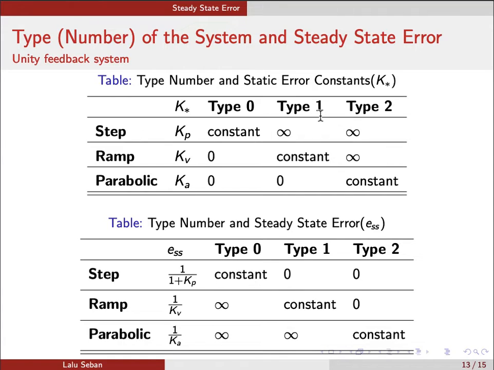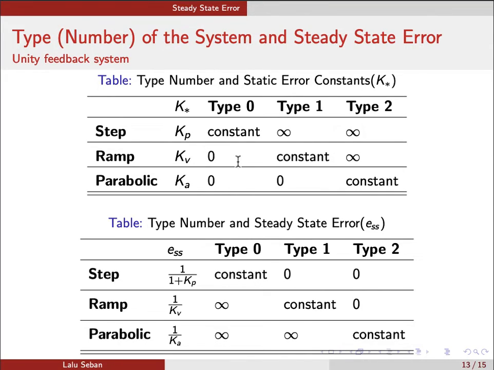For type 1 system, for ramp input, Kv is constant. For type 2 system, for parabolic input, Ka is constant. And the infinity case we have already seen.